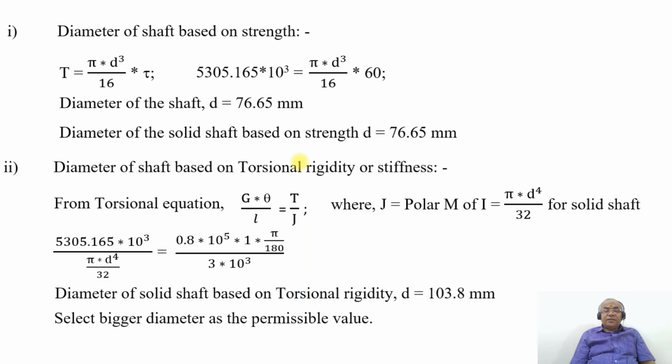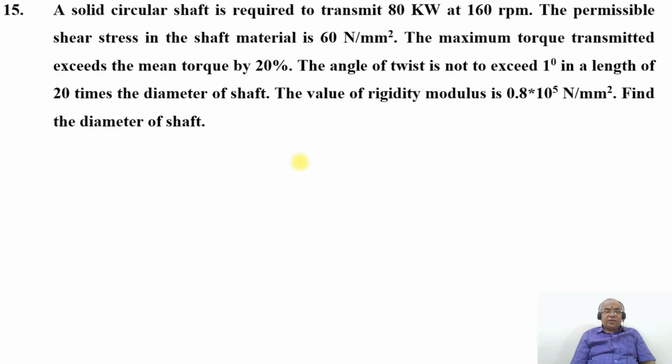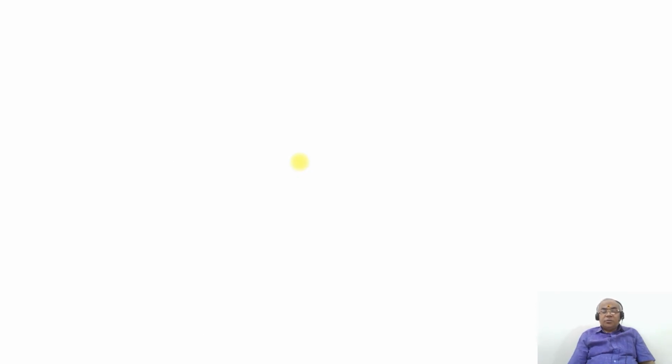The diameter of the solid shaft based on torsional rigidity has the higher value, therefore it is considered the permissible value. So the diameter of the solid shaft D will be equal to 103.8 mm. This is how you will be able to analyze and solve this problem. Thank you.